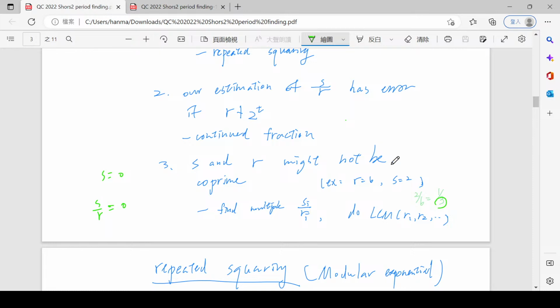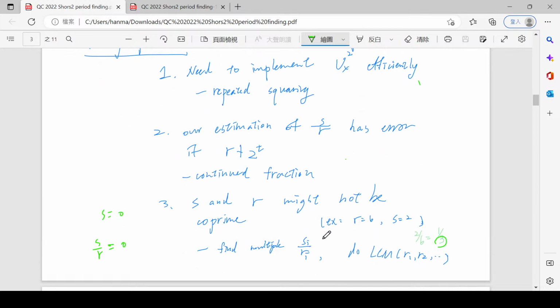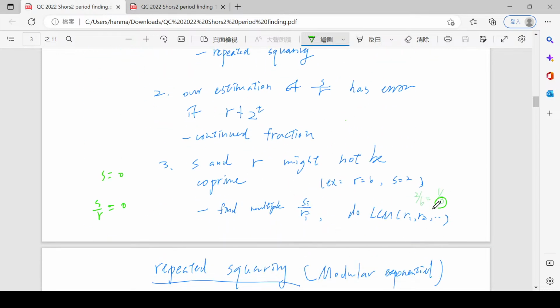And then s and r might not be coprime to each other, but we show that you just draw a whole bunch of different s and take the common multiple of all the r you see, then you have a pretty good probability to get this correct.